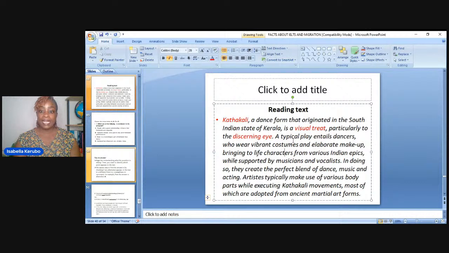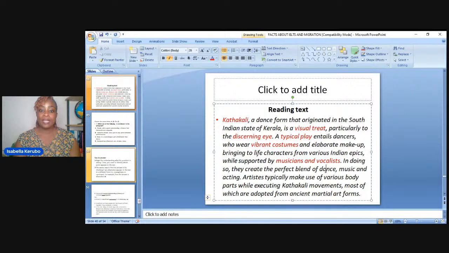A typical play entails, and this is very important, dancers who wear vibrant costumes and elaborate makeup, bringing to life characters from various Indian epics, while supported by musicians and vocalists. Very important keywords here.